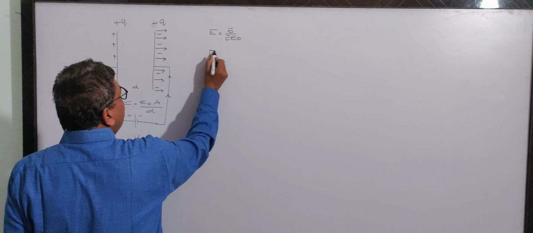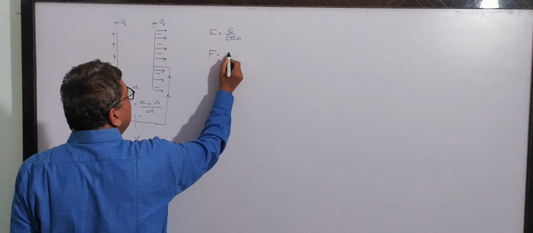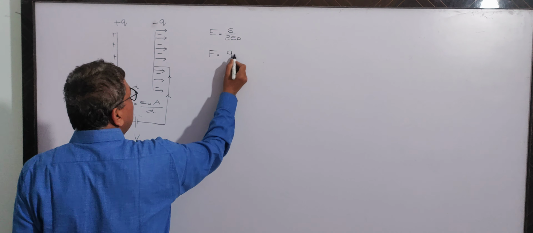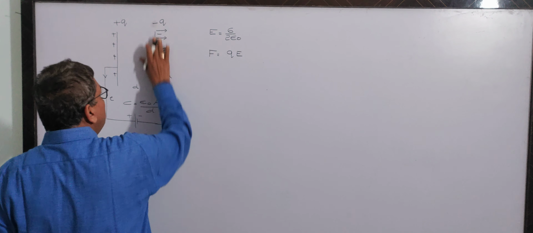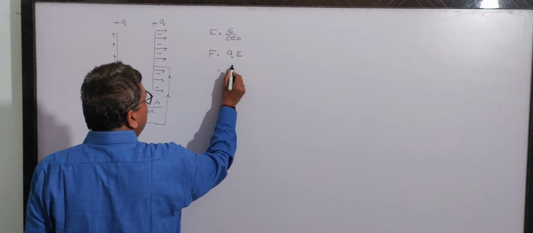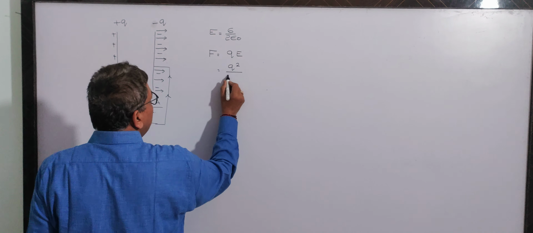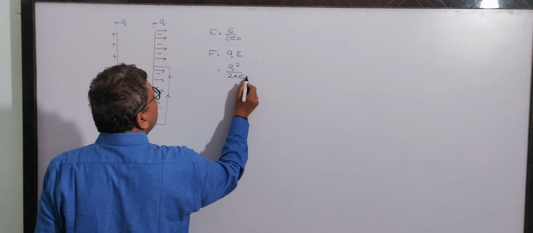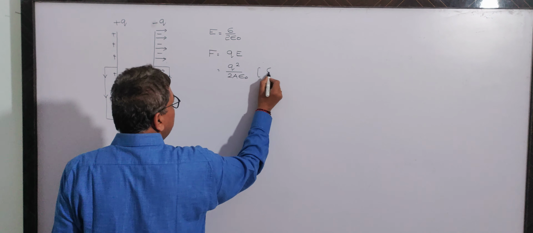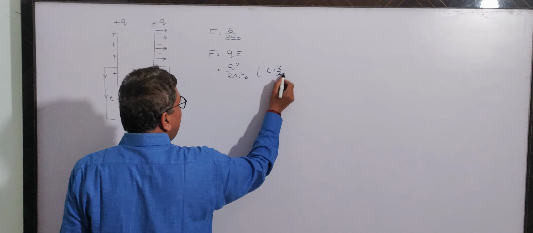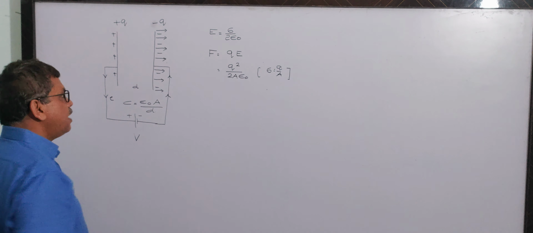So the force of attraction is Q times E, where Q is the magnitude of the charge, and that is Q square by 2 A epsilon naught, because sigma is Q by A, right? So this is the force of attraction.